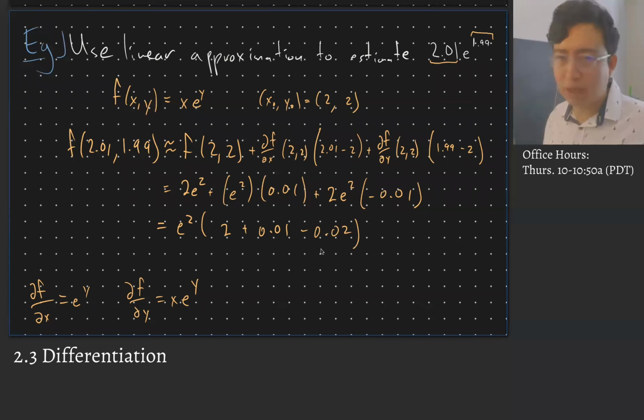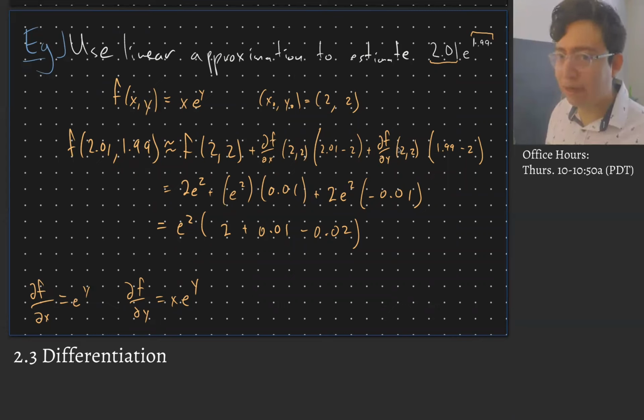Yeah. Someone's asking, where did I get the e squareds from? This e squared is just the derivative df dx evaluated at 2, 2. I have to plug in 2 and 2 for x and y, so the y here becomes a 2.